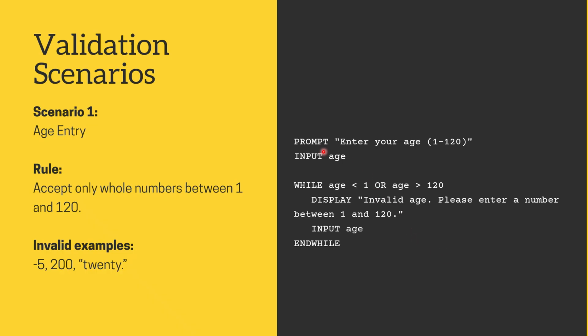So the prompt is enter your age 1 through 120. The input is age, and then here's that while loop statement.